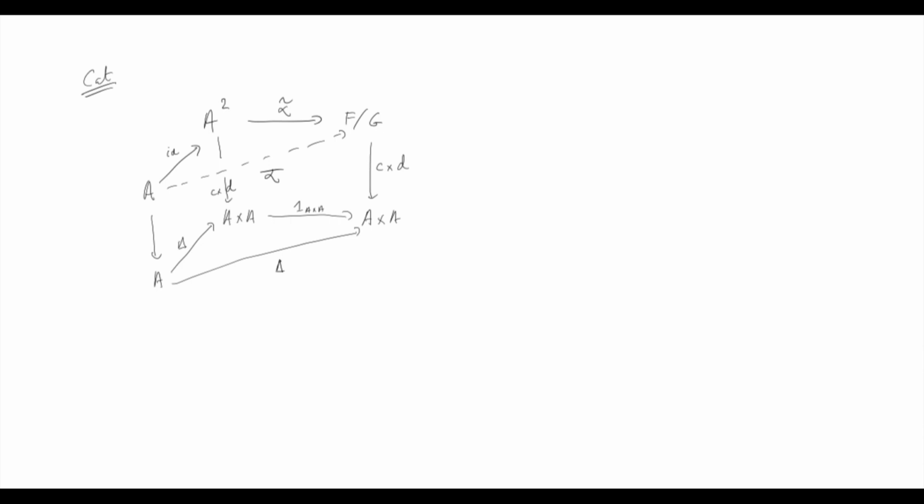And so C cross D are doing the same thing, but they are applied at different domain categories, either A over A or F over G, a different comma category. And that's more primitive in a way, because from alpha tilde we just stick this identity functor, which always exists in any category, because any object has an identity morphism.